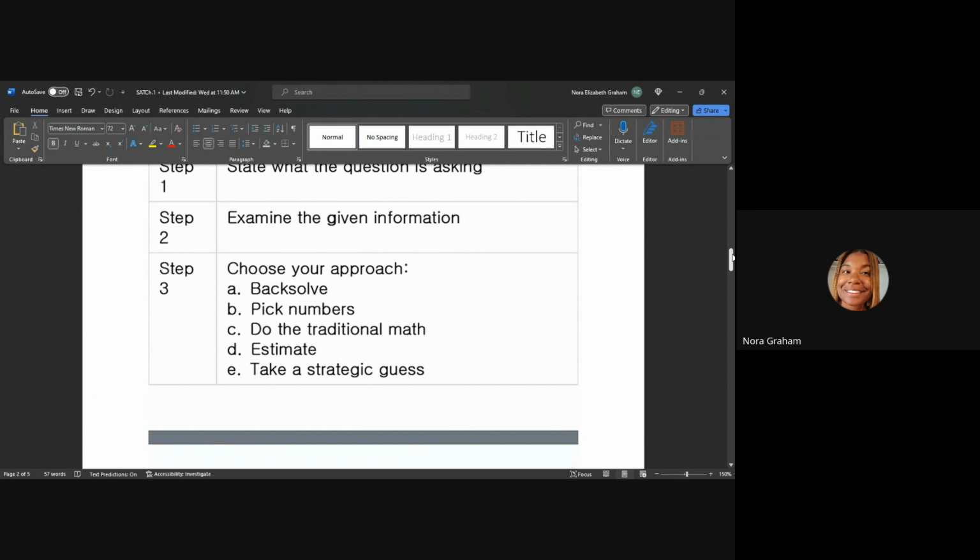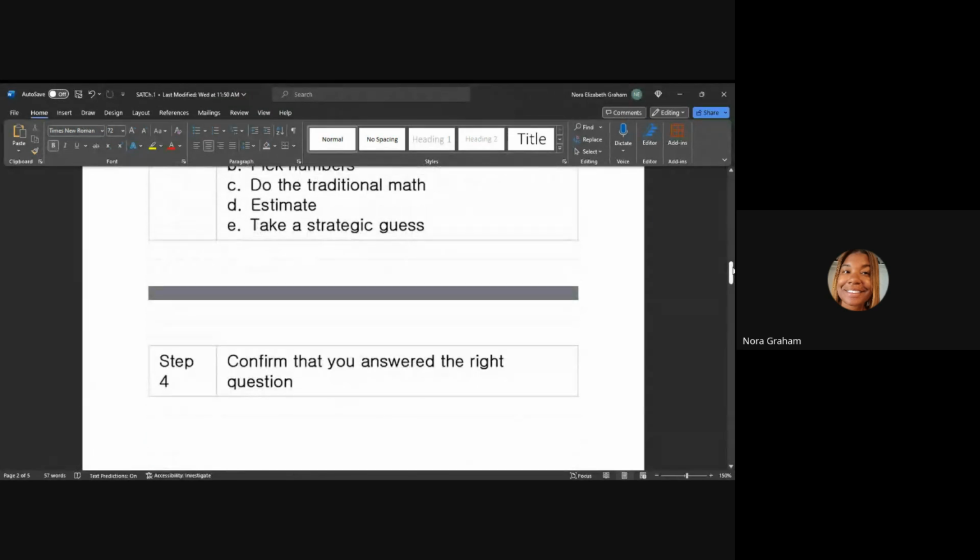Try to pick and play around with easy numbers that might let you see what your options are. You can do traditional math, which for each SAT question that I solve, I will show you the traditional math way and what standard I'm using. And then also I'll show you tricks if you don't understand that standard as well. You can always guess or estimate, make your best guess, or you can take a strategic guess, right?